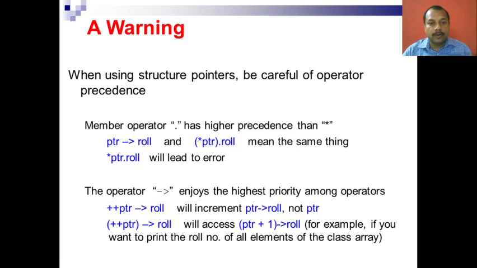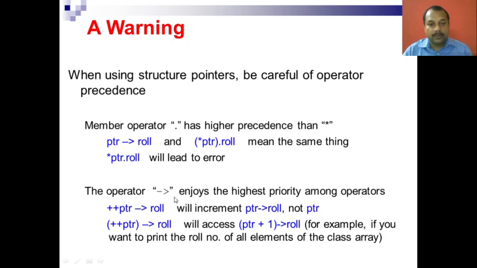But if there are two operators, whether I should give the parenthesis or not, or what the meaning will be, is not very clear. So in that case it is better to just go for the arrow operator.